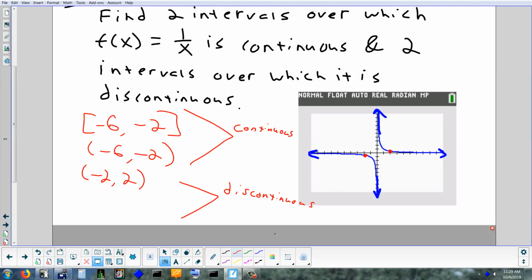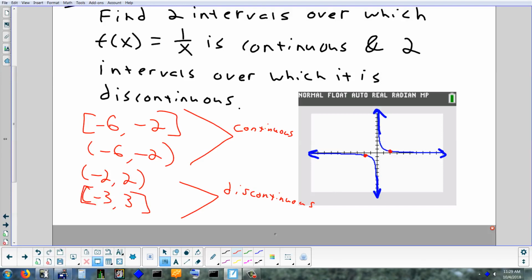Oh, Isaac? Negative 3 to 3, sure. Negative 3 to 3. Basically, as long as your interval does what? You'll always have to lift your pencil in this graph. Goes from positive to negative?